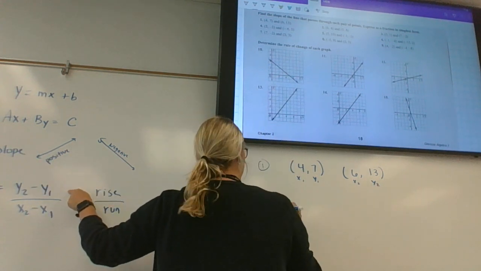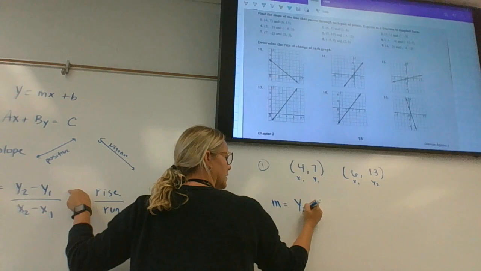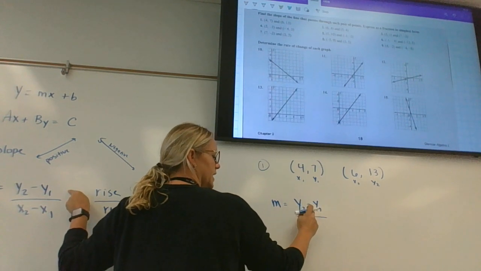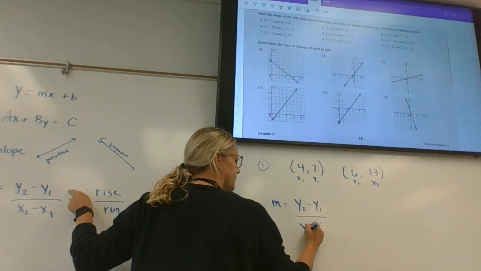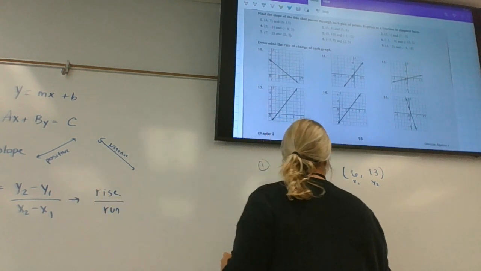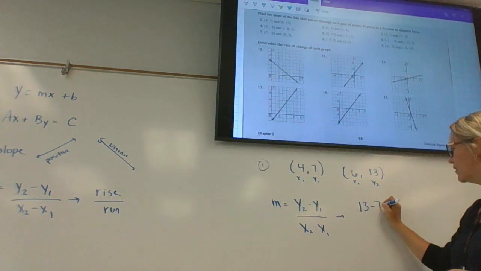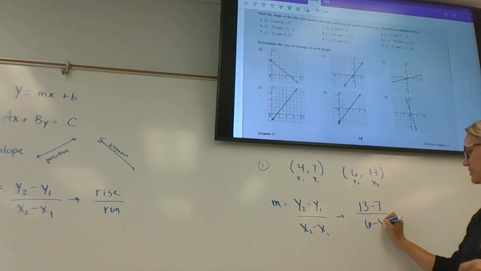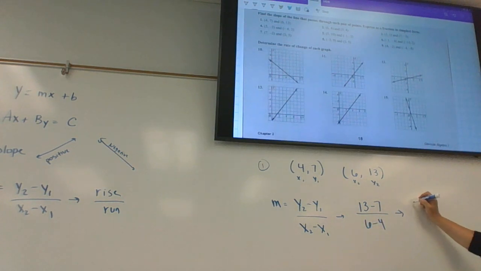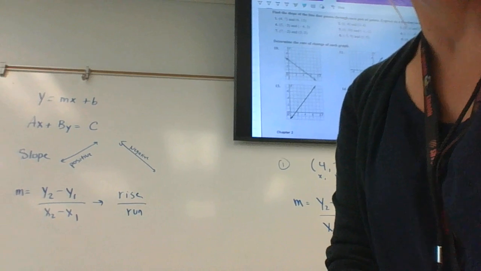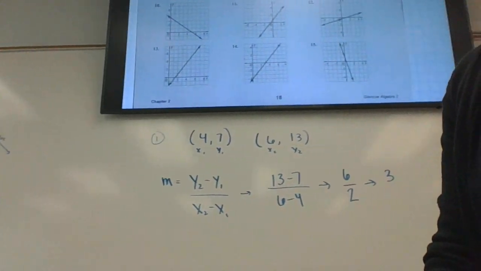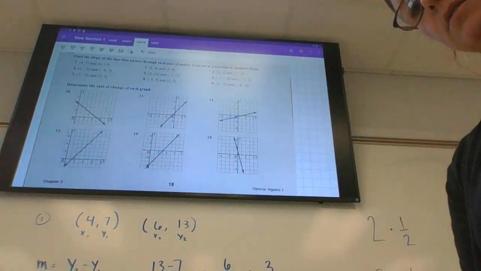So we're doing this formula. y2 minus y1, the change in the y, goes on top, and the change in the x goes down below. 13 minus 7, 6 minus 4. 3. You could put 3 over 1 or just 3. Those are the same.